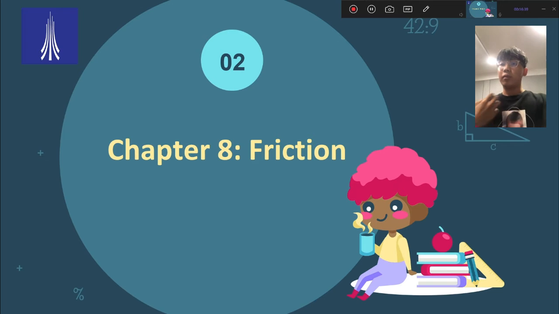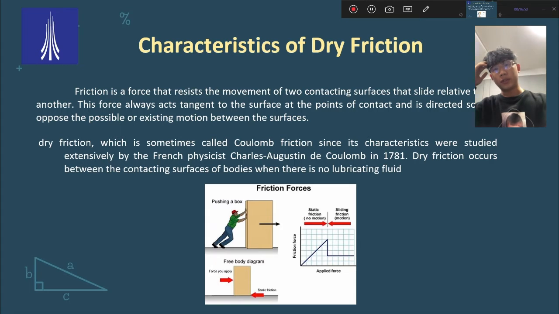Moving on, which is chapter 8. In chapter 8, we talk about friction. So, first of all, let's talk about the characteristics of dry friction.